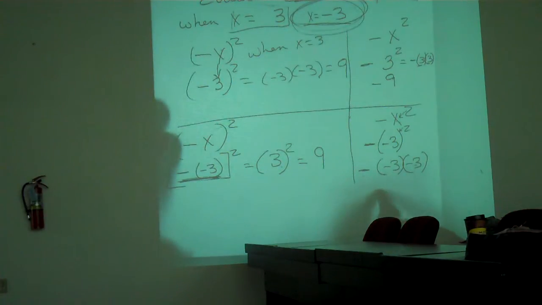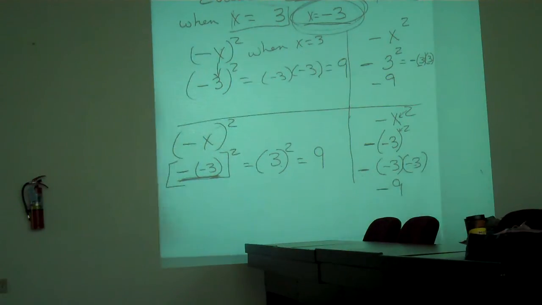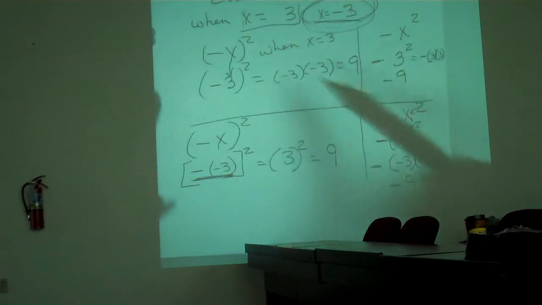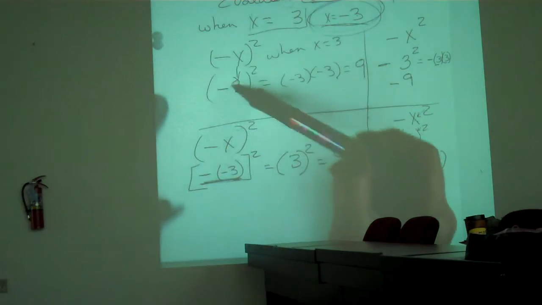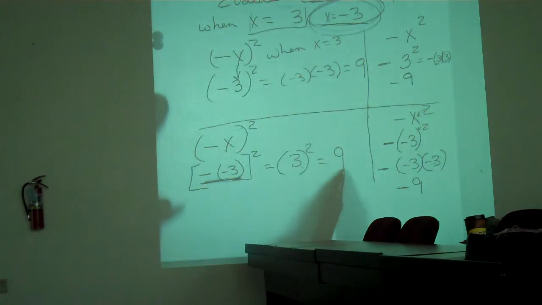Answer's negative, right? So whether you put a positive or negative in, this one came out negative, either way. And whether you put a positive or negative in here, when you squared it, it ended up coming out positive. So you have 2 problems like that.